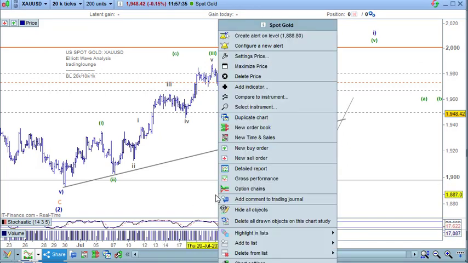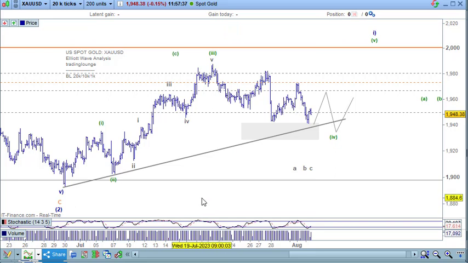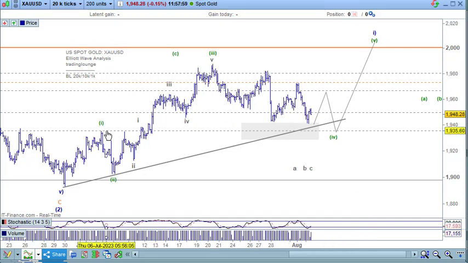So over to the gold market. Excuse me. My thing with the US spot gold here is that we've had wave 1, 2, and 3 up here, and it was looking all positive and good, but we couldn't turn positive unless we had 5 waves up here, and we don't want this to overlap down on top of wave 1 here.